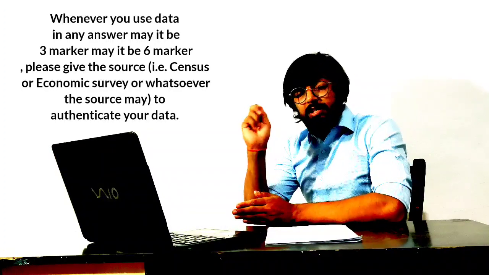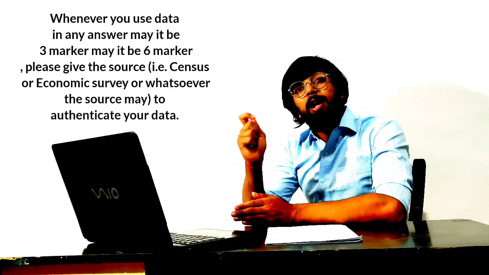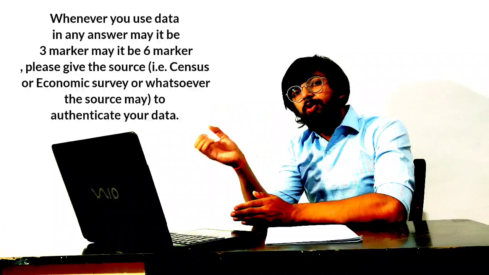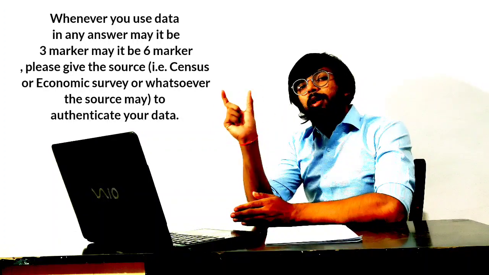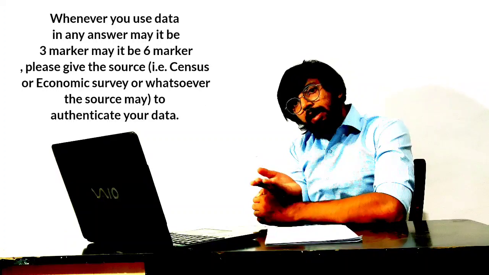May it be census, may it be sample registration survey, may it be Niti Aayog's report. Whatever report from which you are giving the data, you should mention in the bracket to authenticate your data. Second, in the second point, you should write the definition of IMR. In the third point, you should mention the formula, and if possible, mention IMR of India as well.